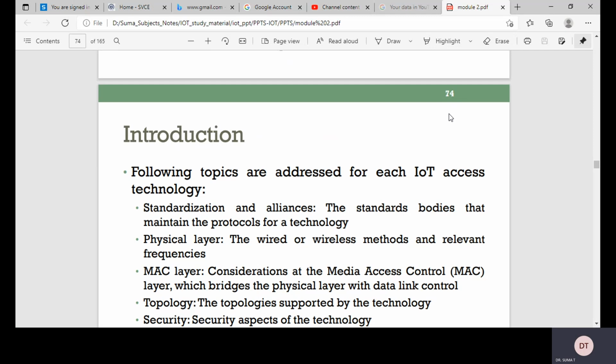For technologies that fall under the LLN definition but are able to transport internet protocols, such as IEEE 802.15.4 and 802.15.4G and other IEEE standards, IP optimization is very important.